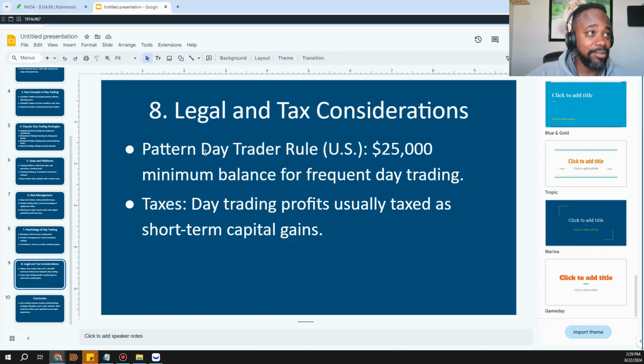Legal and tax considerations. This is very important. Pattern day trading rule, which is a $25,000 minimum balance for frequent day trading. Now, this pertains to those of you that are going to be using a margin account. If you're going to be trading in a margin account, then you're going to need $25,000 in there if you want to go willy nilly with your day trading, meaning have whatever amount of trades you want.